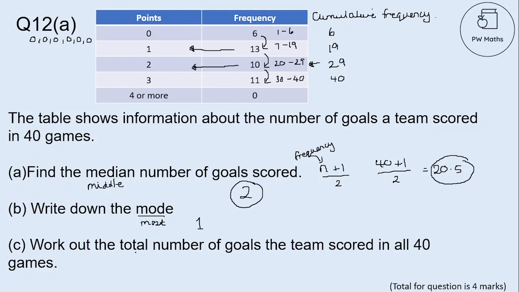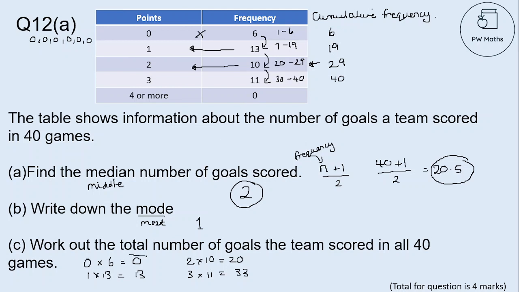We then need to work out the total number of goals the team scored in all 40 games. This is where we need to multiply what's going on in the table. Well, 0 times 6. Please don't write 6, guys. You can multiply nothing by anything you want, but you're still going to get nothing. 1 times 13 is 13. 2 times 10 for 20. 3 times 11 for 33. 4 or more, it didn't happen, so we don't need to worry about that one.